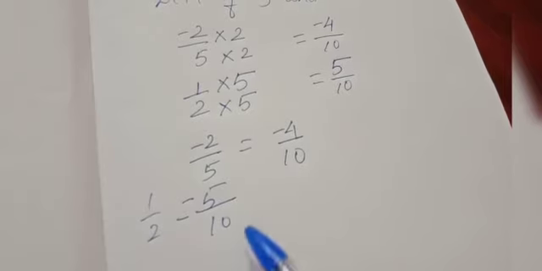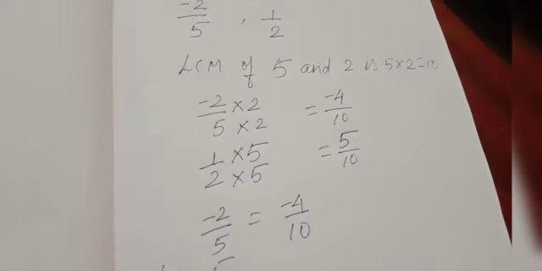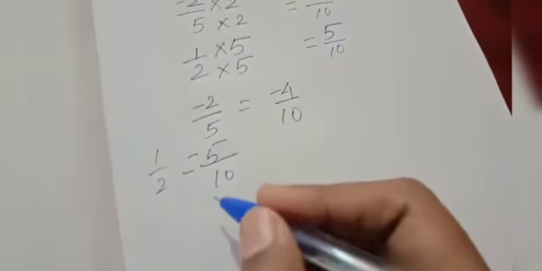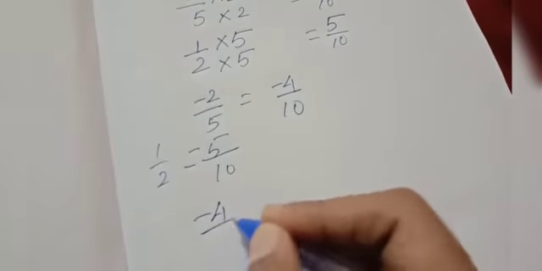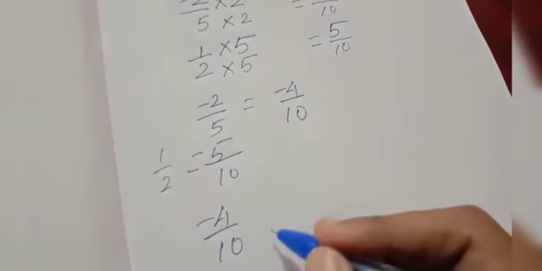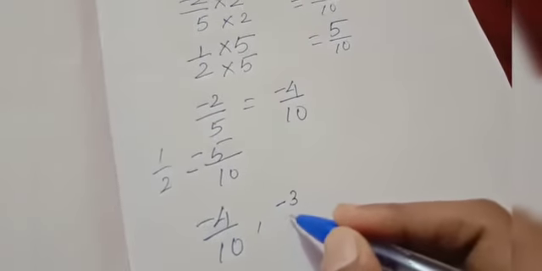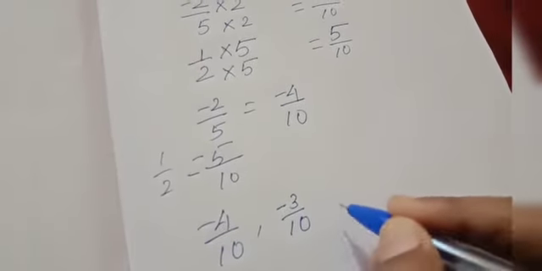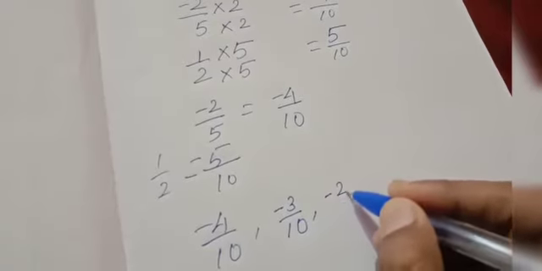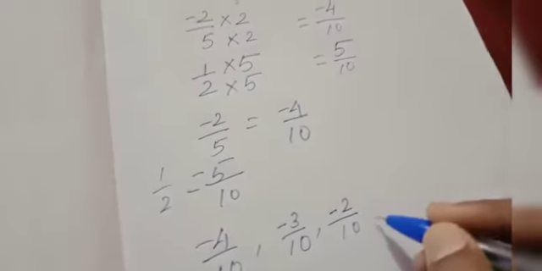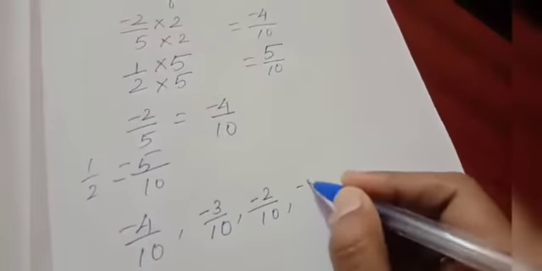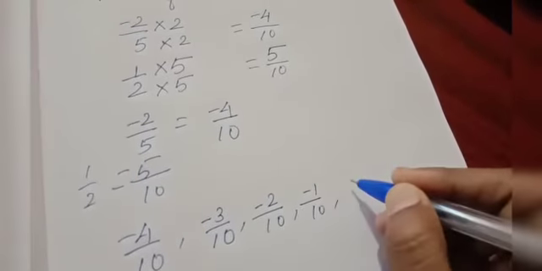Now in between these two we can write the required rational numbers. Minus 4 by 10. Then what can we write? Minus 3 by 10. Then minus 2 by 10. Minus 1 by 10.